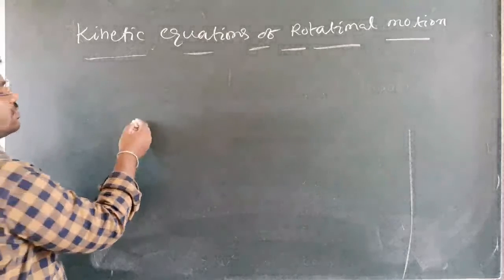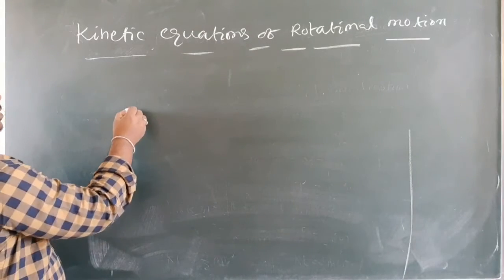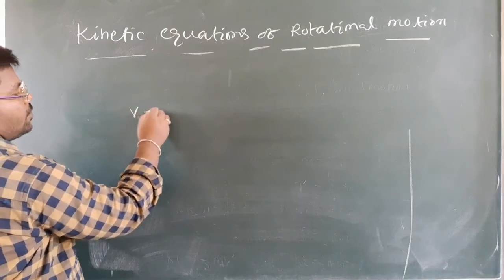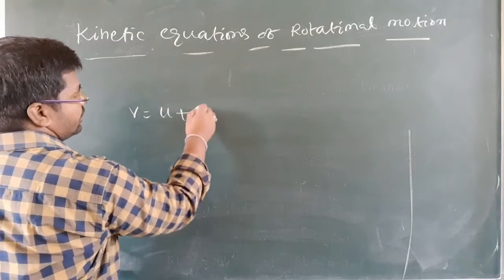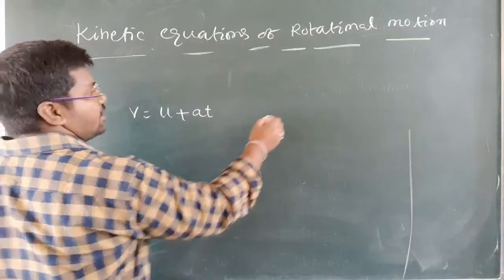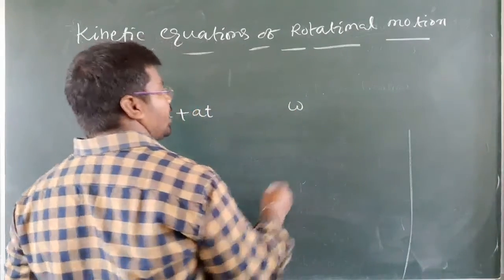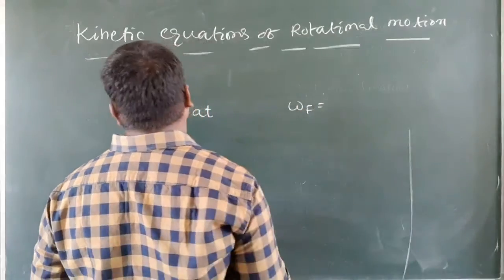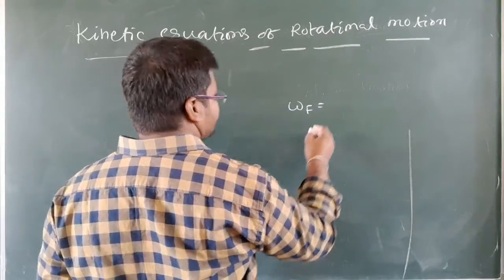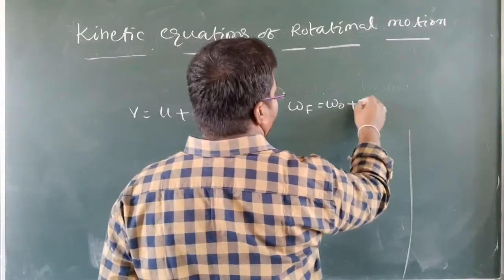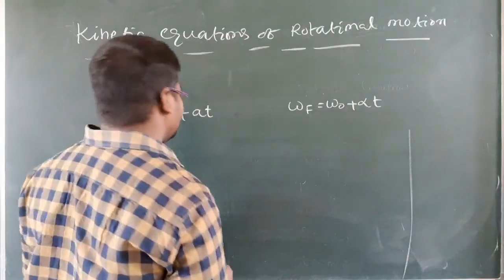In linear motion, we have to write kinetic equations: v is equal to u plus at. Here, in rotational motion, we can write omega final is equal to omega initial plus alpha into t, angular acceleration.